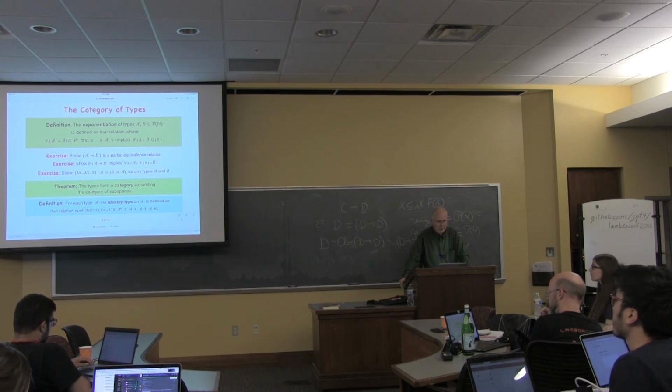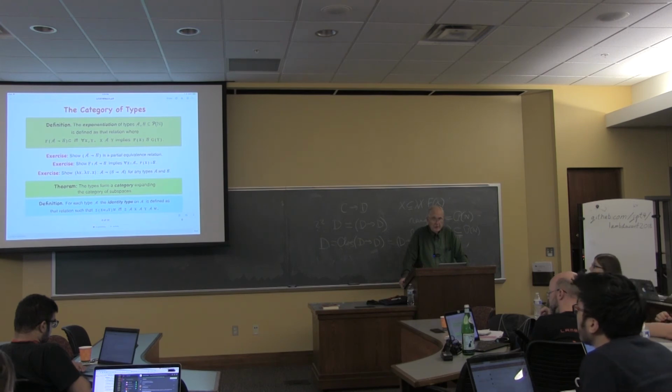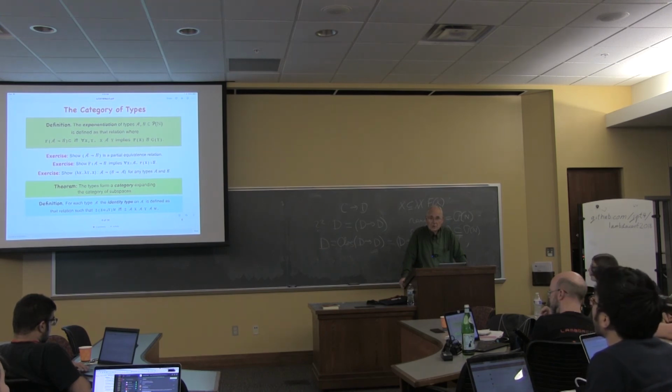If I have two partial equivalence relations A and B, what does it mean to say that two functions are equivalent? Well, I say the answer is two functions are equivalent if equivalent inputs give equivalent outputs. That doesn't sound too hard to follow, does it?